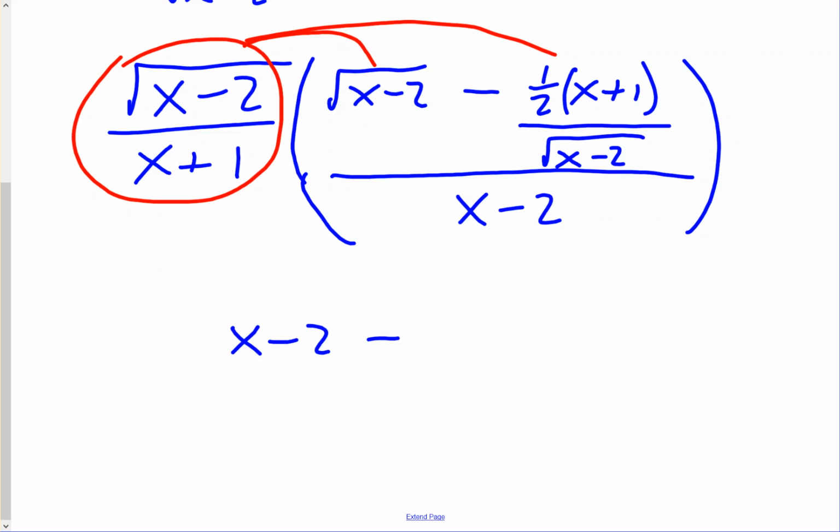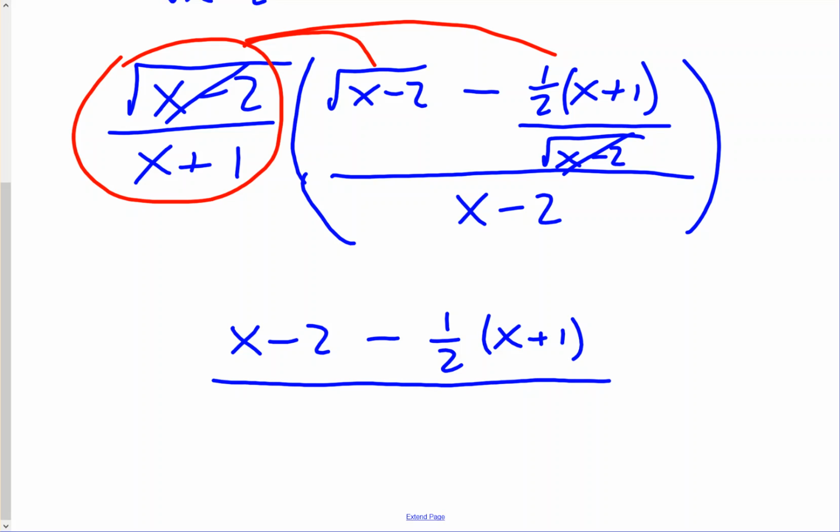And then the square root of x minus 2 on top with the square root of x minus 2 on the bottom, those would cancel. So we would just have the 1/2 x plus 1. And then the denominator would have the x plus 1 multiplied with the x minus 2.